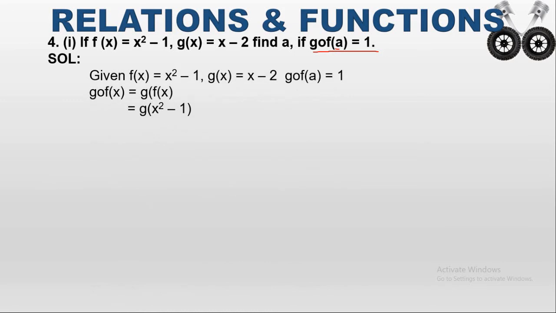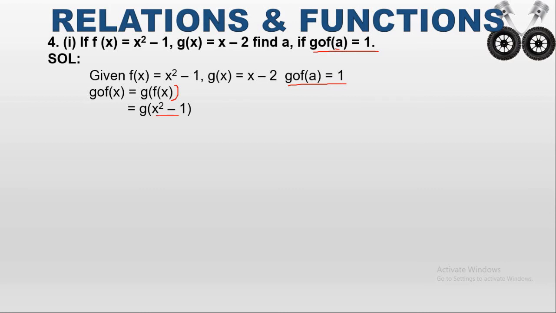So first we write the solution. Given f of x equals x square minus 1 and g of x equals x minus 2, using the condition g composition f of a equals 1. What do we have to find first? We have to find g composition f of x, with the variable x, that can be written as g of f of x. So instead of f of x, we write x square minus 1.